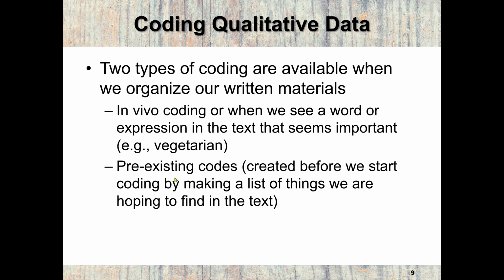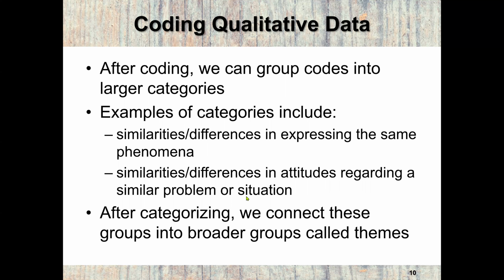We also have pre-existing coding. The keyword is "pre", which means the codes are created before we start coding, by making a list of things we are hoping to find in the text. After coding, we can group the codes into larger categories.